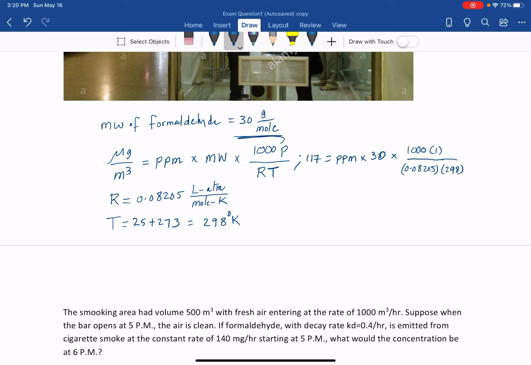So 1,000 divided by 0.08205 divided by 298 times 30, and then you take it to the other side, times 117, and this would give you the ppm as 0.095 ppm. This is the actual concentration of formaldehyde inside the room.